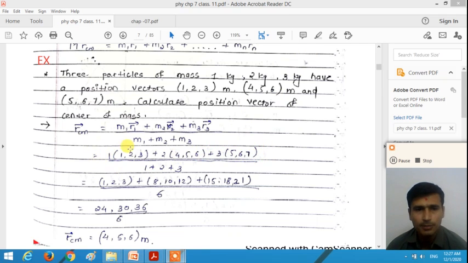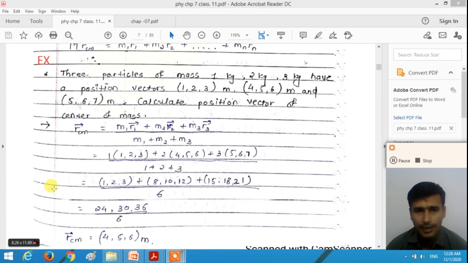First, this 1 is multiplied into all three coordinates. This is vector addition, not simple addition, right? So if you multiply 1 to the 1, 2 and 3, we get 1, 2, 3: x coordinate 1, y coordinate 2 and z coordinate 3. Similarly, 2 is multiplied into all three coordinates of R2, right? So 2 times 4 is 8, 2 times 5 is 10 and 2 times 6 is 12, plus 3 times 5 is 15, 3 times 6 is 18, and 3 times 7 is 21.